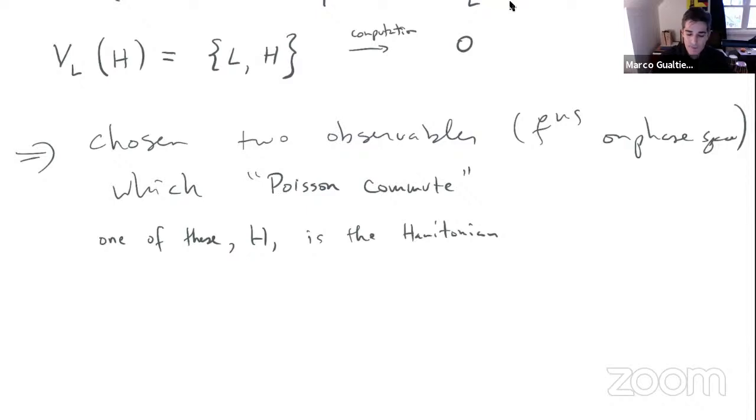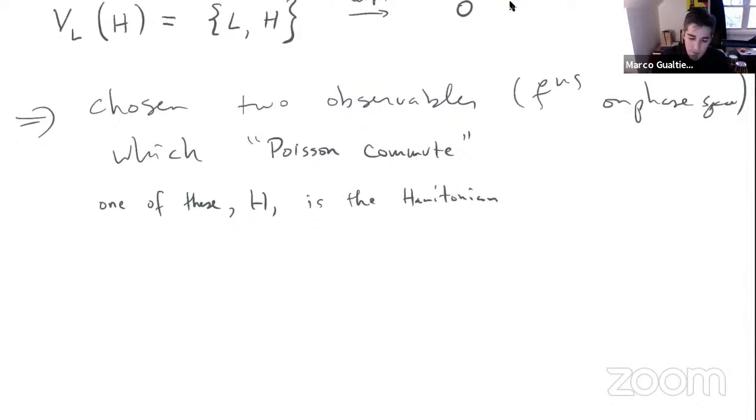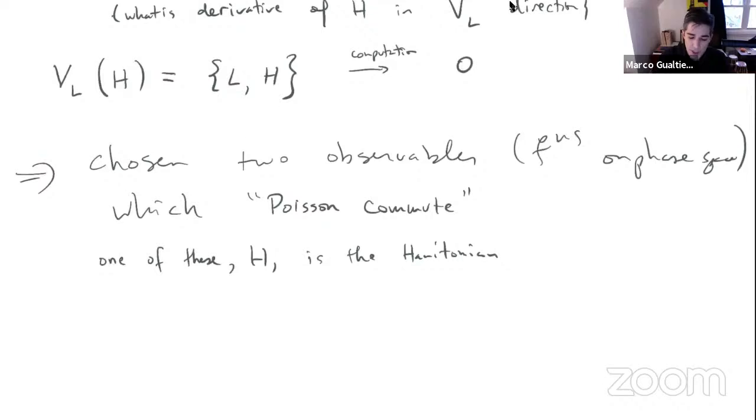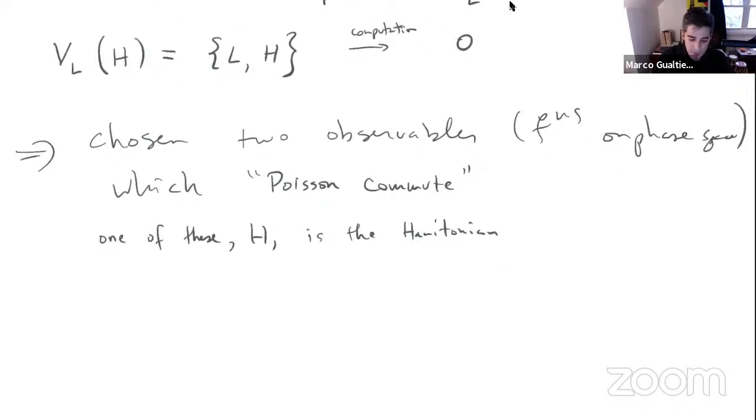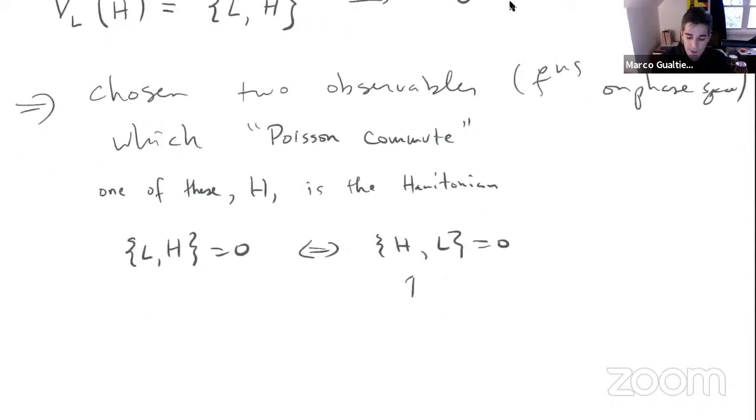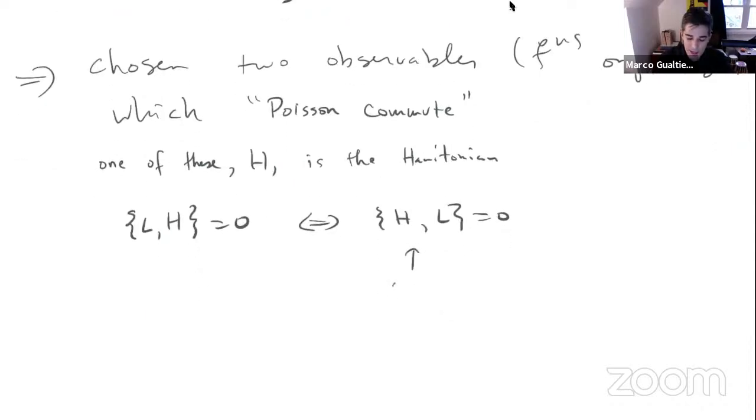And so we can interpret this equation in 2 ways. So LH is equal to 0. This is the same equation as HL is equal to 0. And in this interpretation, I would say that L is preserved by the time evolution of the system.